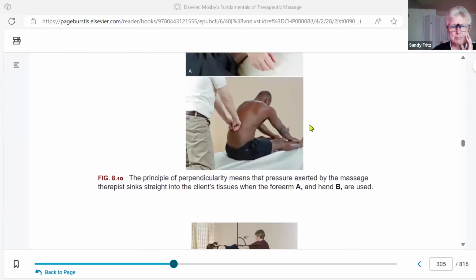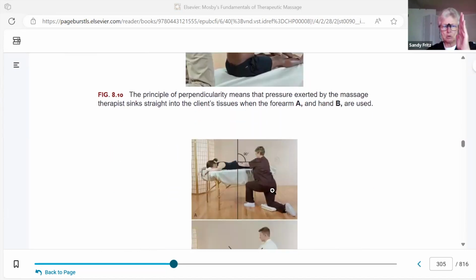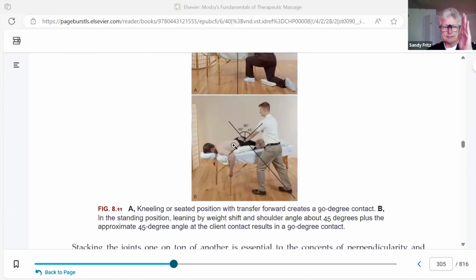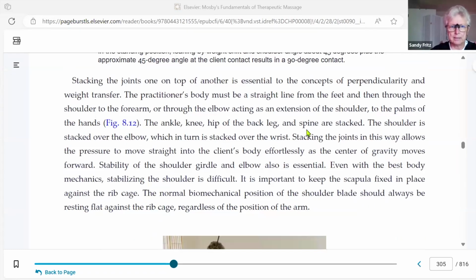And this talks about perpendicularity, which means that as we transfer our weight, we need to be leaning on or coming in at 90 degrees. And so this is a 90-degree angle. This is also using the hand, but the reason we're able to do that is because we're coming up against a slope on the client.